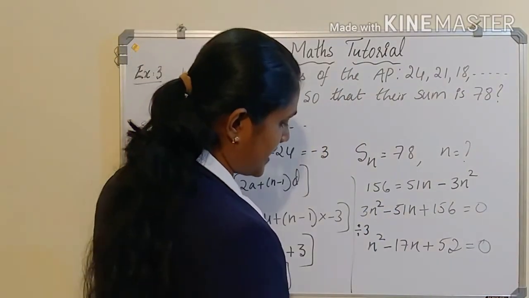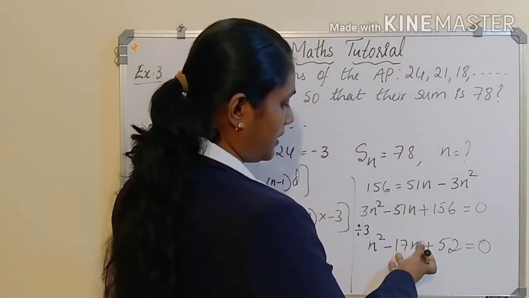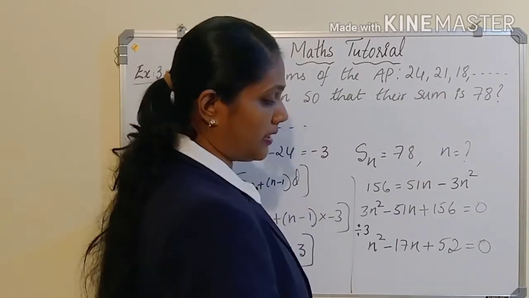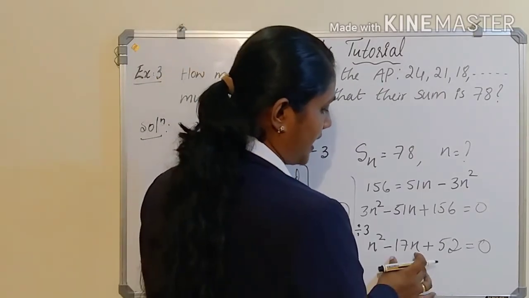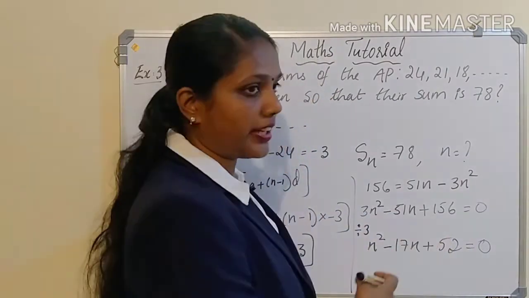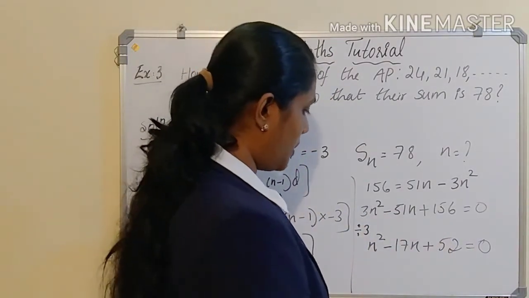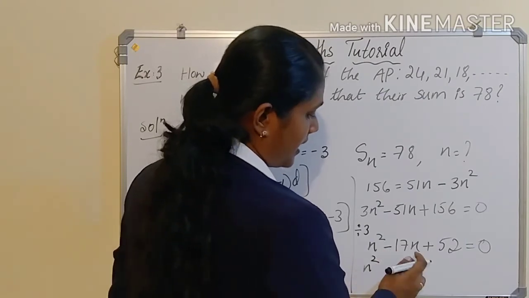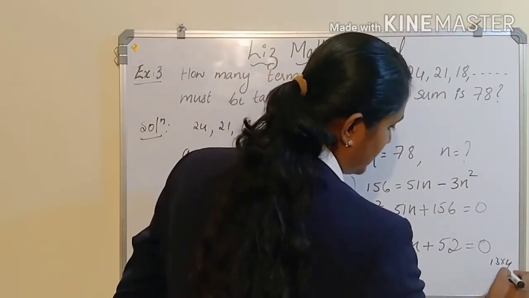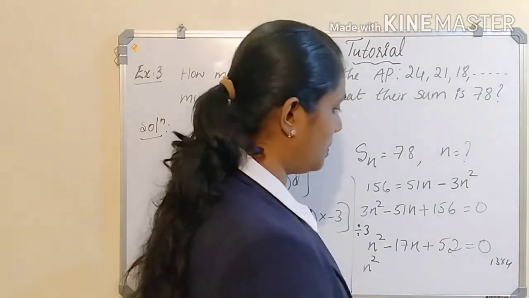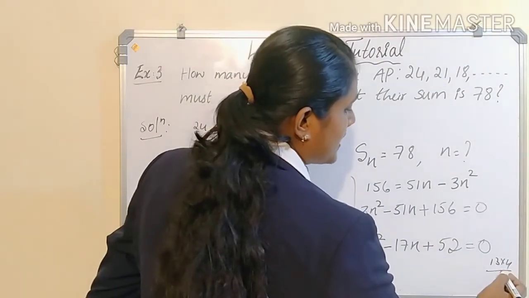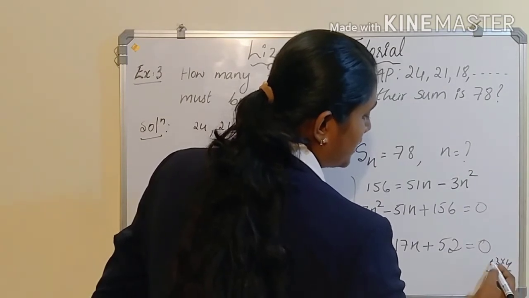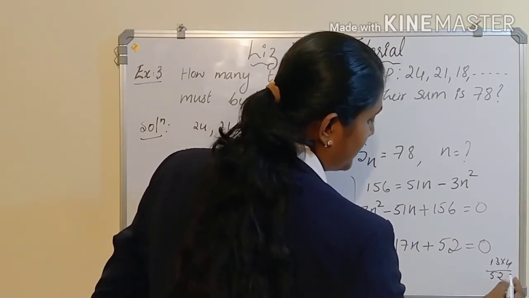Now move on to the next step. See here, now how to split this 17n, minus 17n, such that when you multiply you should get 52. Such a number you have to take. How to split this? You take n square, here you will get, 3 4s are how much? 12, 1 3 4s are 12, 4 and 5, 52 you are getting.